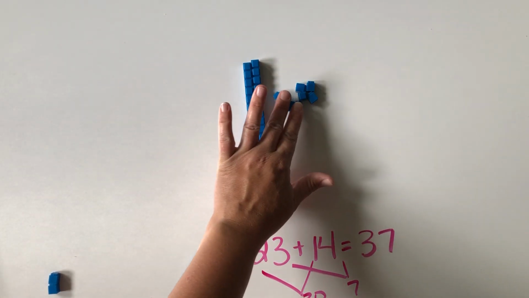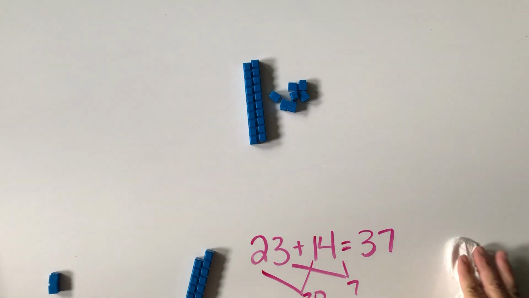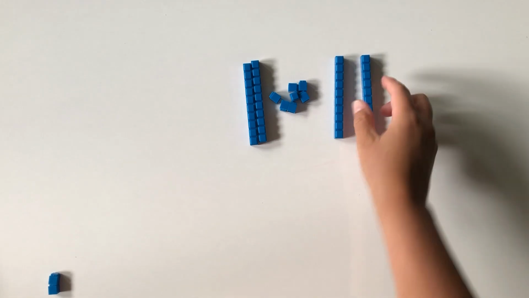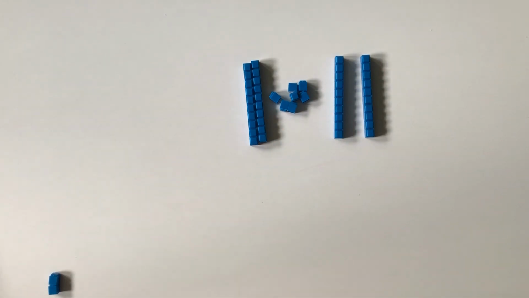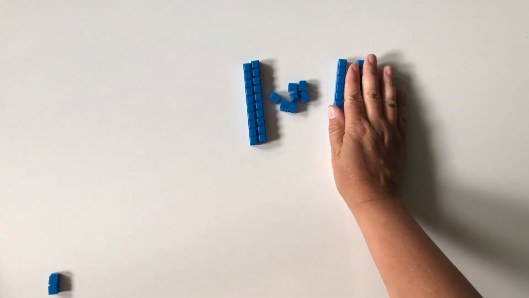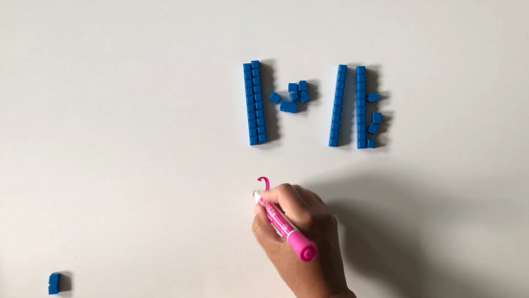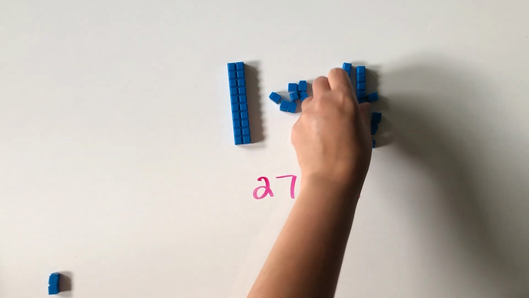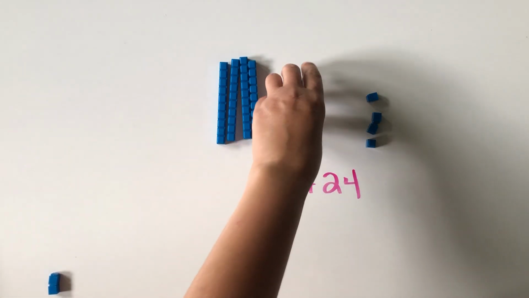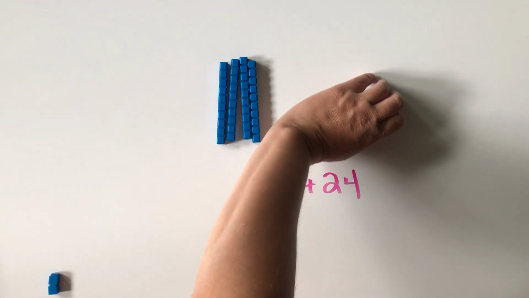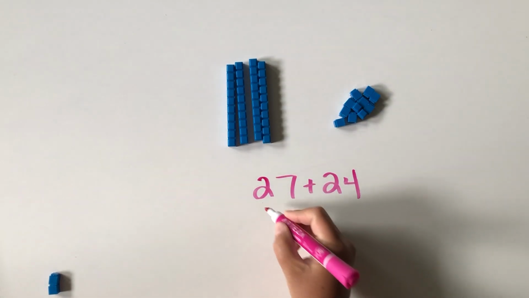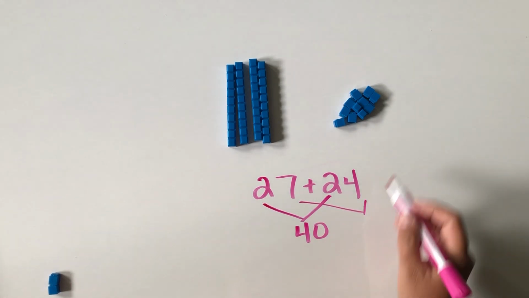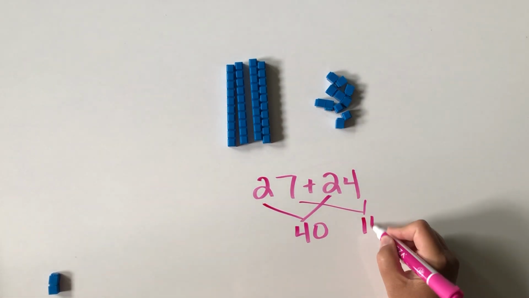So let's suppose we have 27 plus 24. So here again, we're going to join the 10s, and then we join the 1s. Now let's take a look at what happens here. So now we've joined the 10s to make 40, and we've joined the 1s over here to make 11.